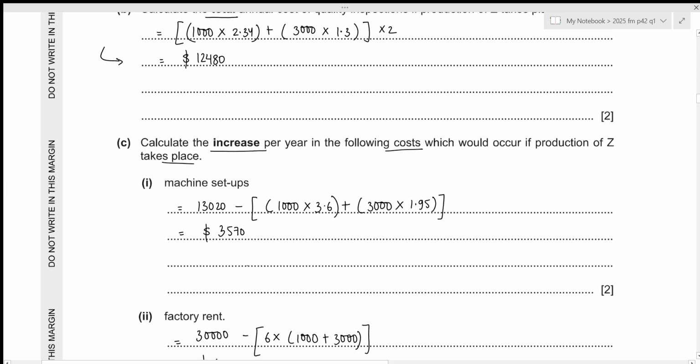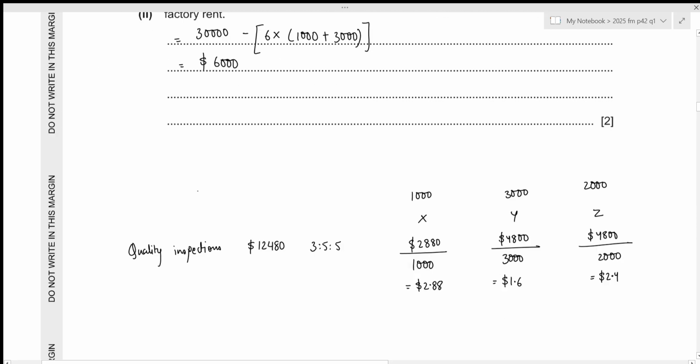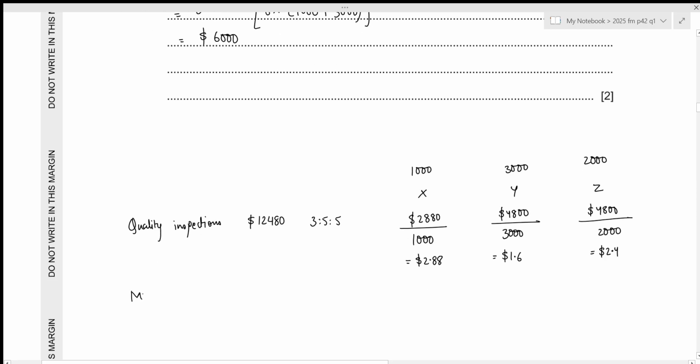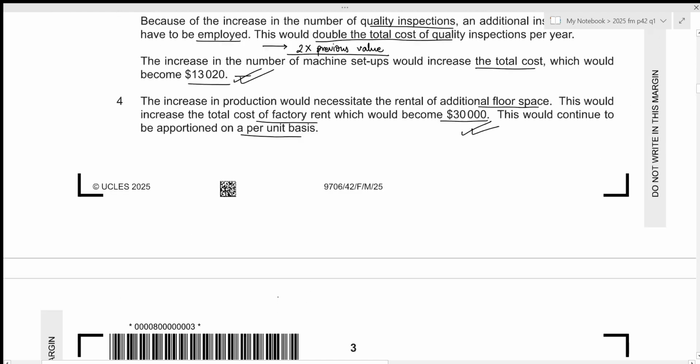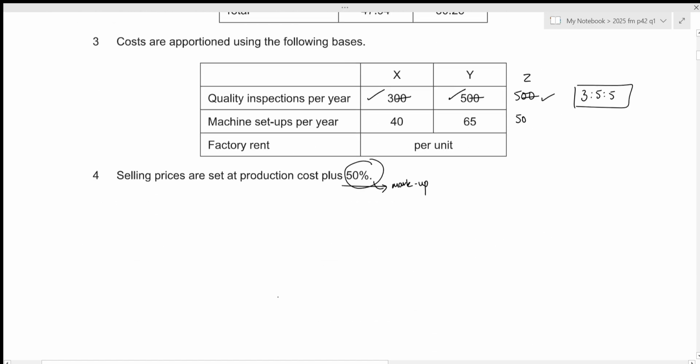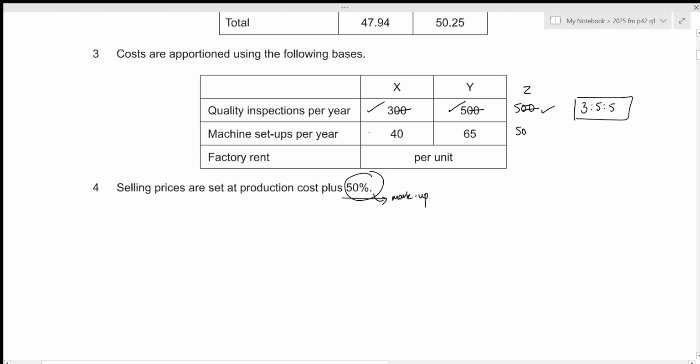So for machine setups, again, we will have to take our new value, which was 13,020. So we have machine setups, where we have to divide 13,020. And the ratio is the number of machine setups per year, which is given to be 40 for X, 65 for Y, and 50 for Z. So the ratio will be 40:65:50.